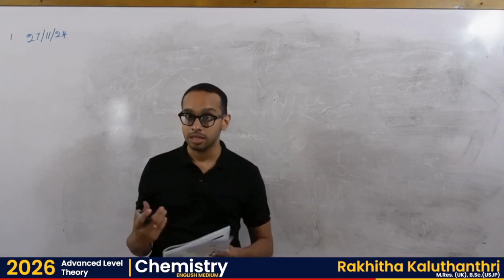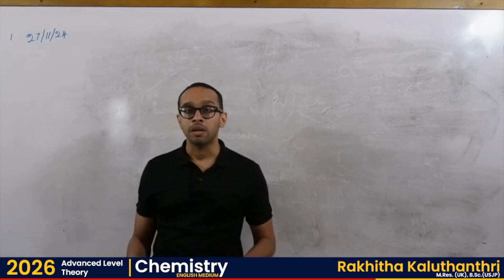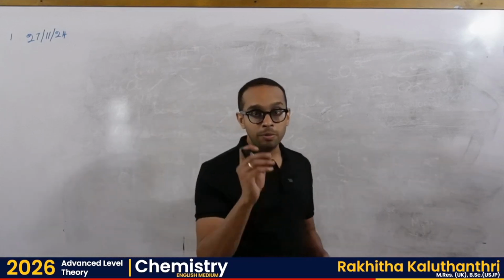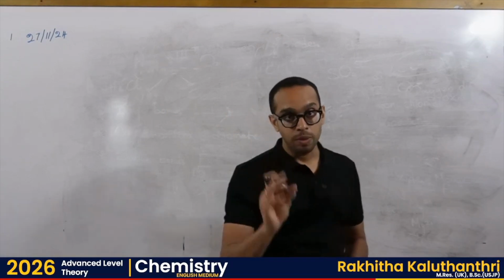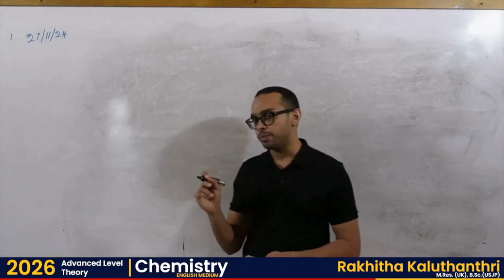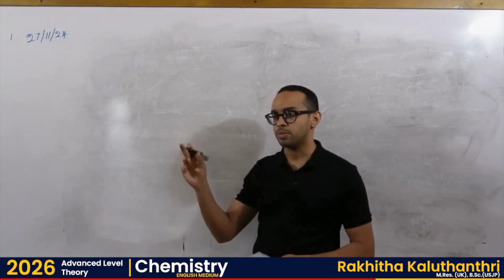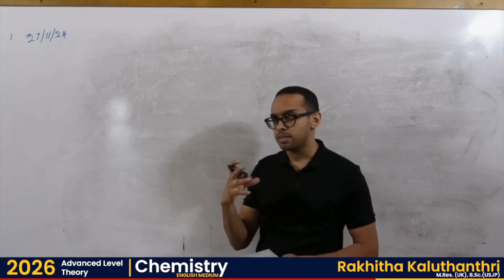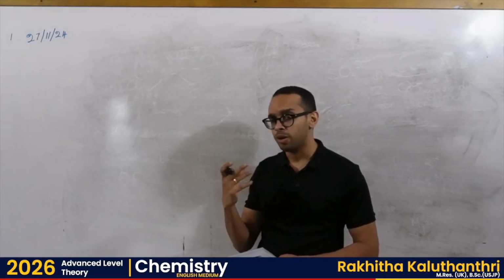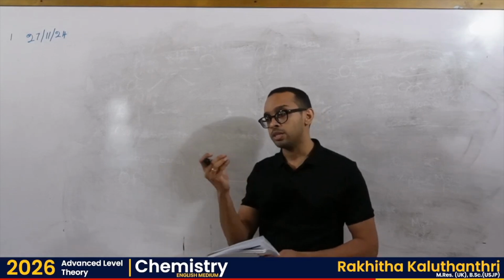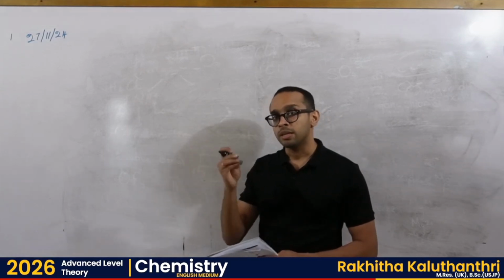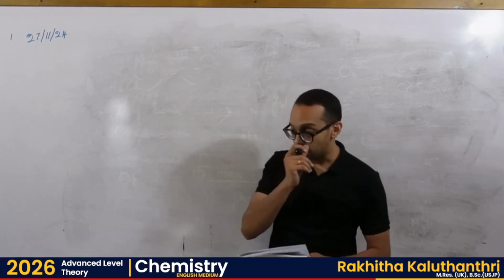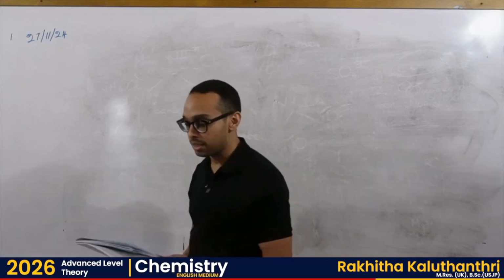But if you take something like HCl, HI, HBr, these are capable of releasing H plus into the aqueous medium. When they are present as just a normal gaseous molecule, for example HCl gaseous molecule, it will not release H plus in the gaseous state. However, if you take the HCl and put it into water, then it releases H plus. So as it releases H plus, it is acting as an acid.